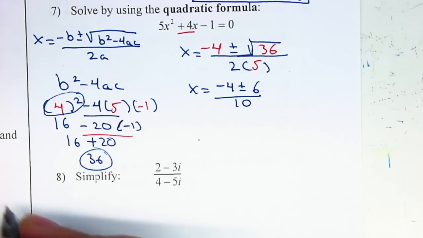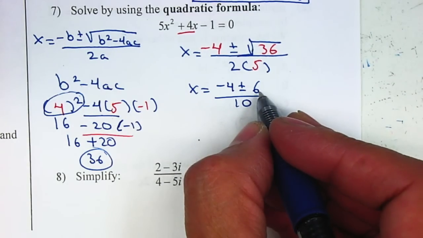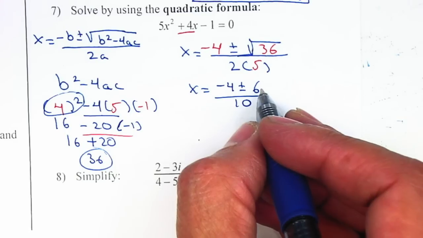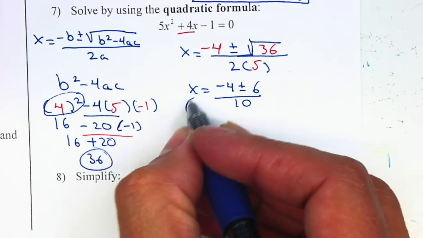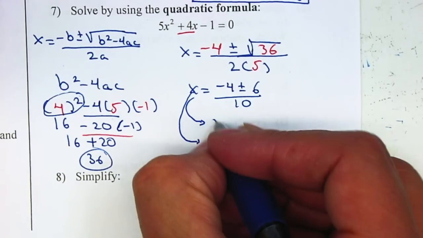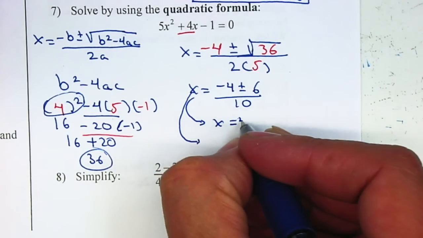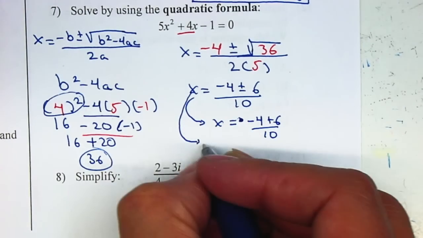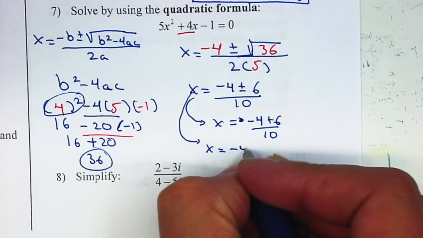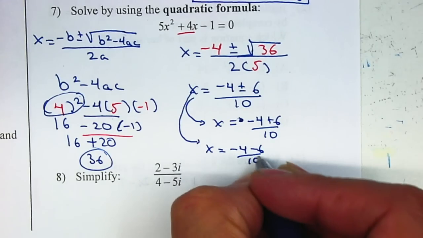10. Since this is a whole number and not a radical and there are no imaginary numbers, we can actually divide this as two different equations. The first one will have a positive 6 divided by 10. The second one will have a negative 6 divided by 10.